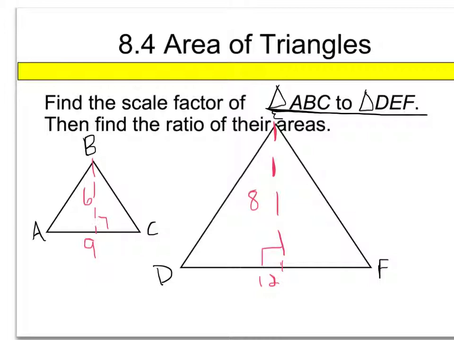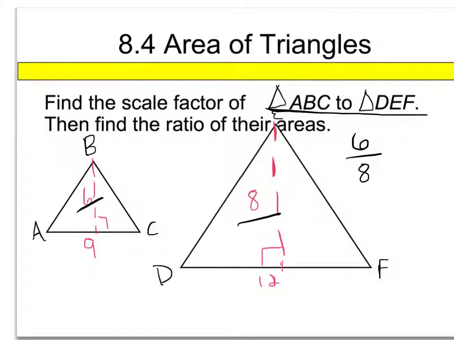Okay, so I am going to find the ratio of ABC to DEF. In order for me to do that, I need to find two similar things. I'm going to look at my two heights. The height of ABC is 6, to the height of DEF, which is 8.